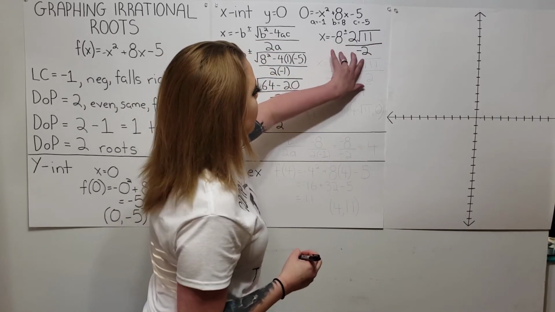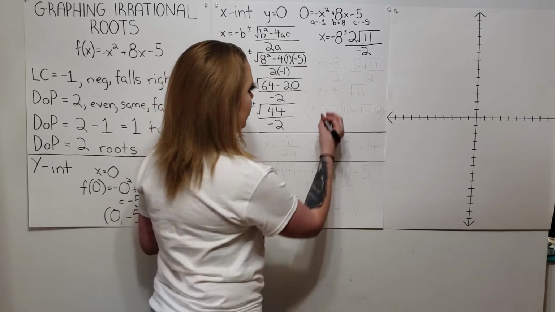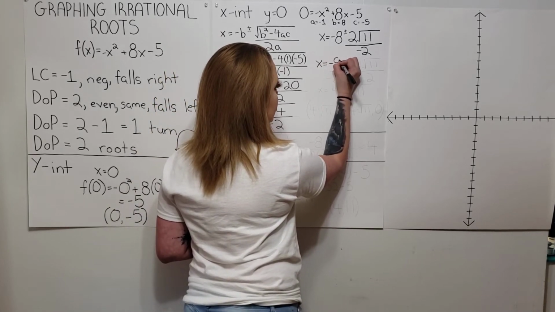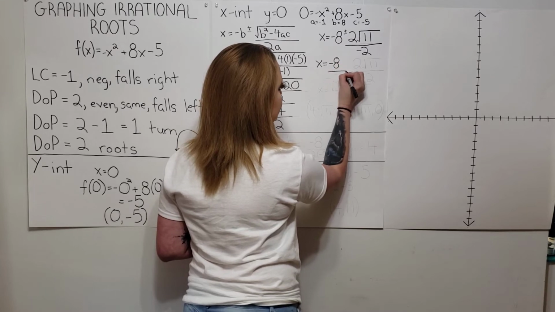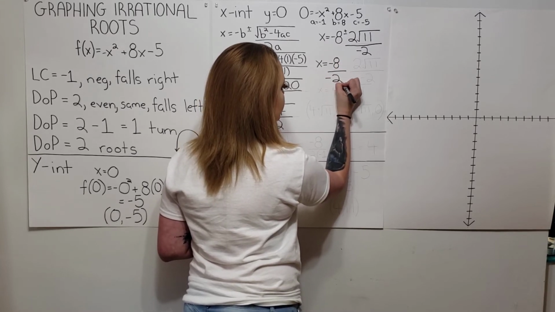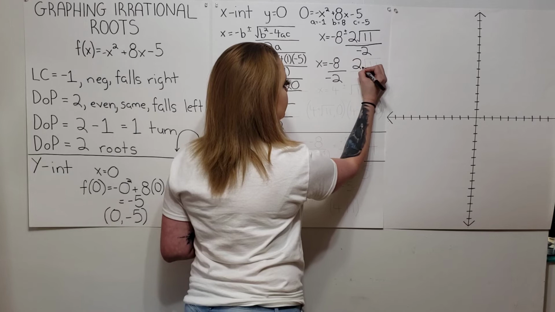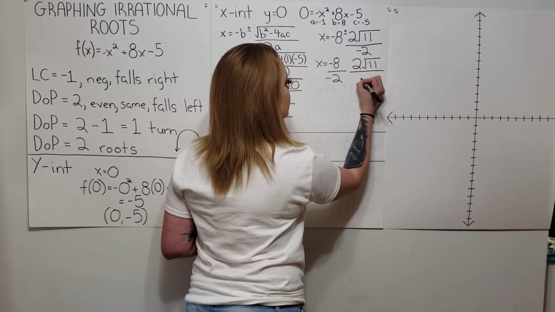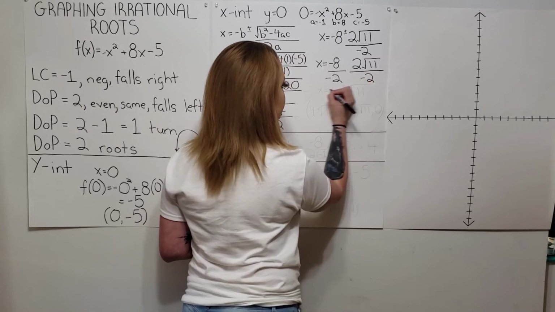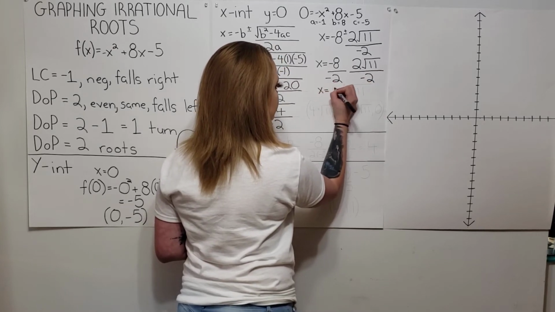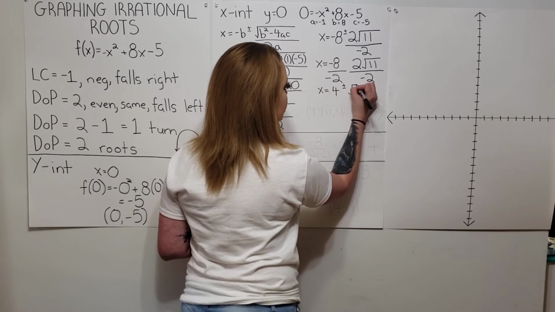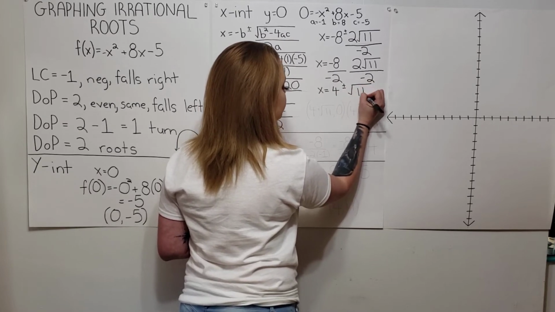Now we're going to separate this and divide. x equals negative 8 divided by negative 2, plus or minus 2 times the square root of 11 divided by negative 2, which gives us 4 plus or minus the square root of 11.